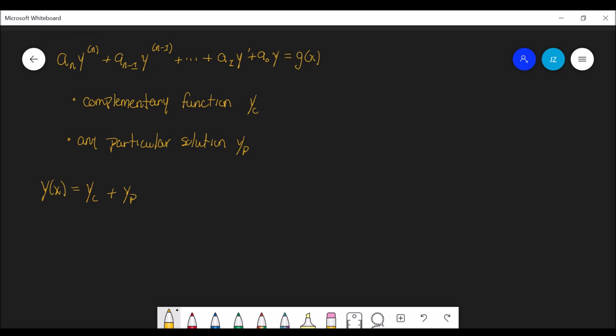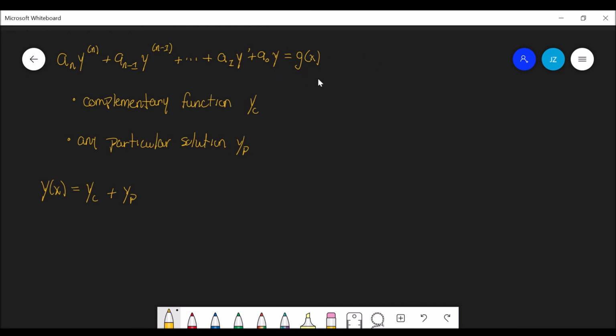So to use the method of undetermined coefficients, we conjecture about the form of y sub p that is motivated by the kinds of functions that make up the g of x.